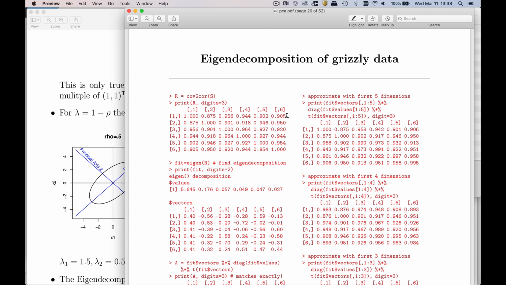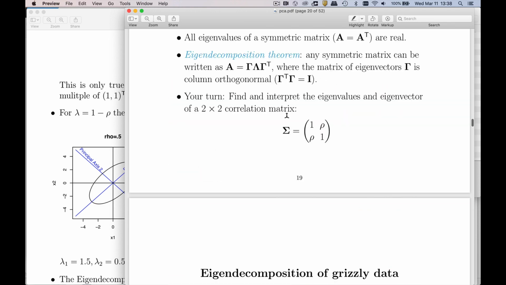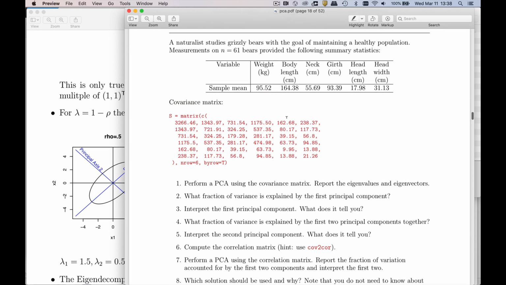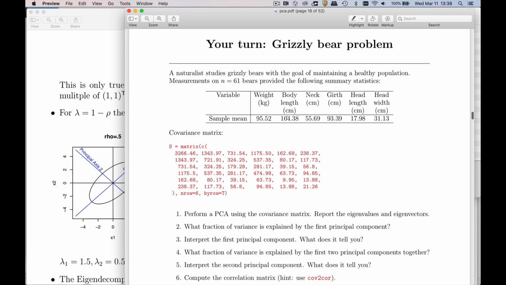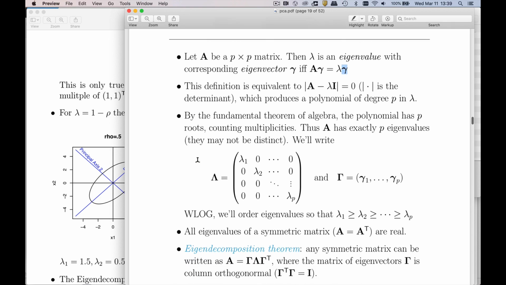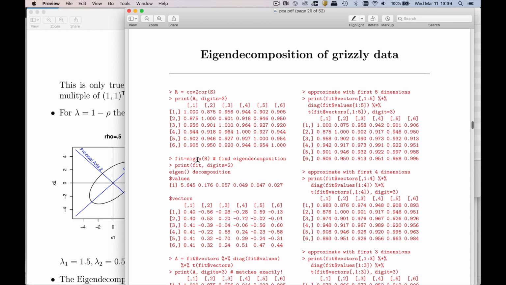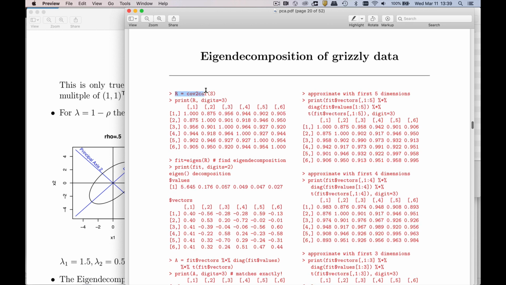Just to illustrate this, let's go back to the grizzly bear data set, which I hope that you've tried on your own. Remember, I gave you 6 measurements on a bunch of grizzly bears, gave you the correlation matrix, the covariance matrix. We can convert this to a correlation matrix with the cov2cor function.